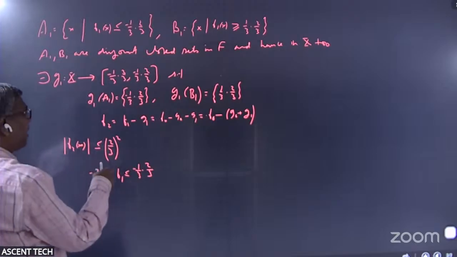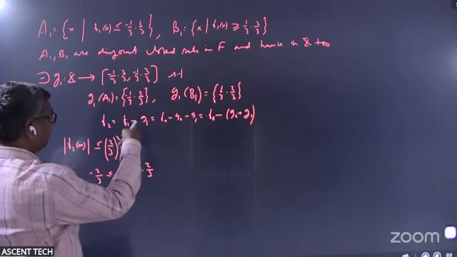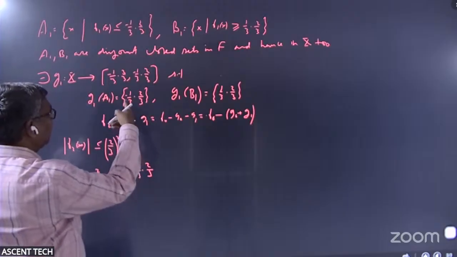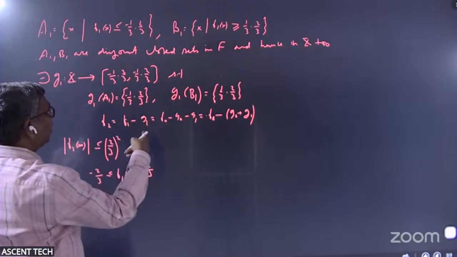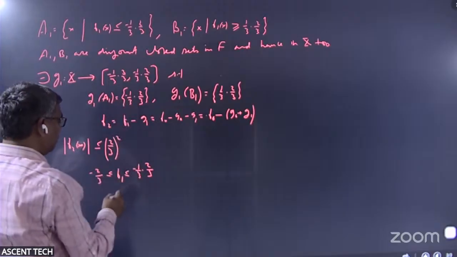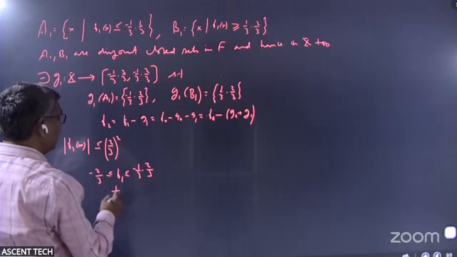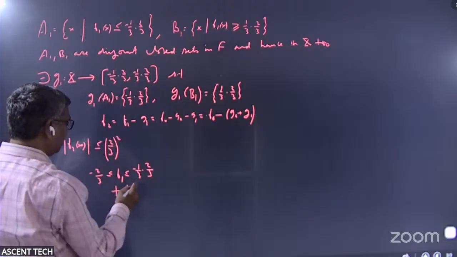From that F1 you are subtracting G1, which takes this value, so you are adding 1/3 into 2/3.